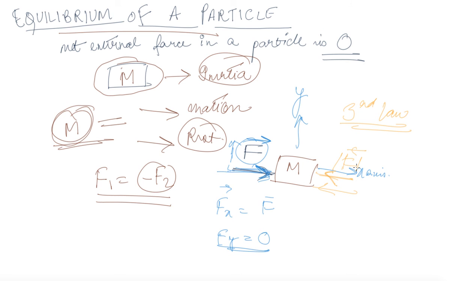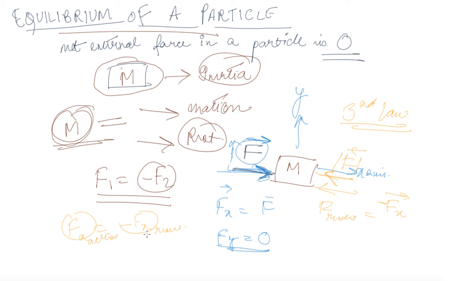So the resultant F is equal to F of x minus F of x. Therefore, in the two cases, F of x is equal to minus F of x, where this is the resultant and this is the actual.